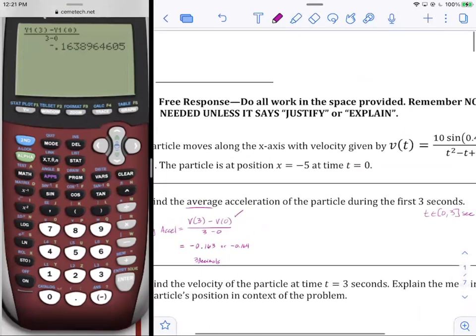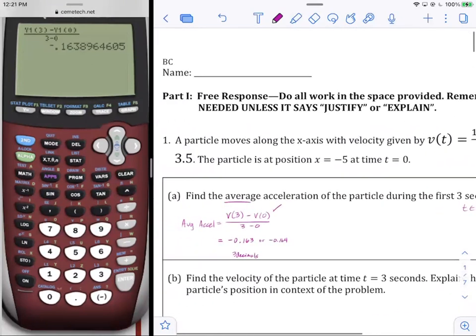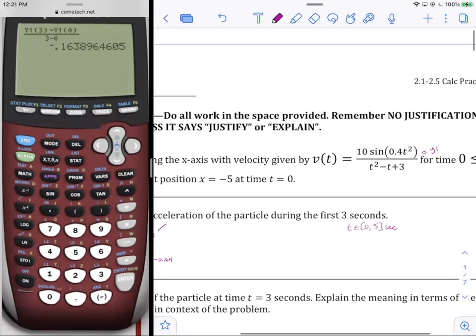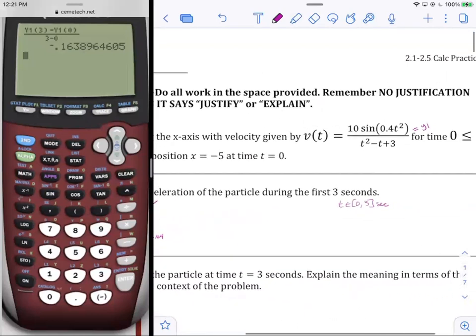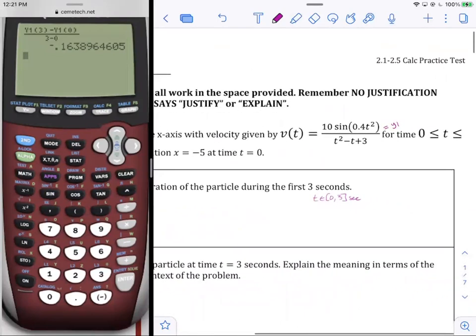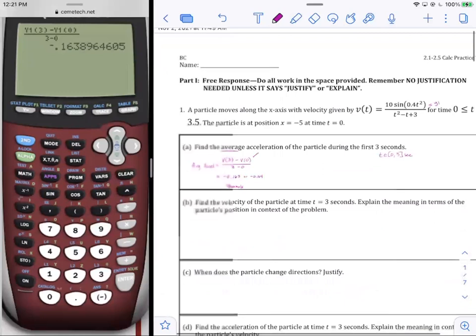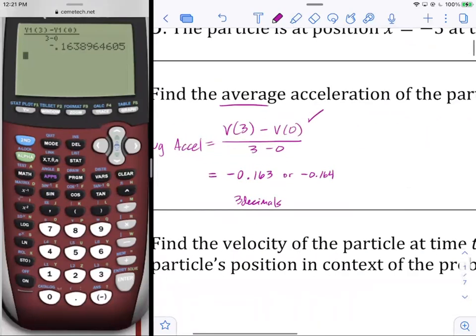Now, if there were units, I don't think she actually had units on here. She has units of time during the first 3 seconds, but there are no units of velocity. I said feet per second. If there were, let's just call it feet per second and seconds, then you would put feet per second squared.